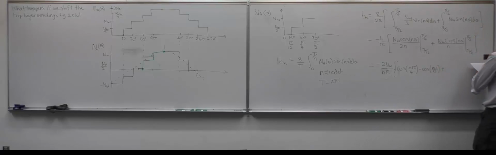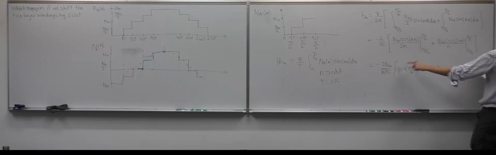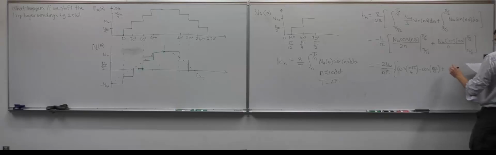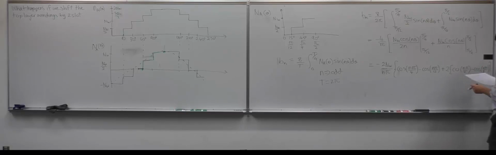the second term, and now I'm going to put a 2 on the top, in order to keep the 4 that we need. So then we have 4 times cosine n pi over 2 minus cosine n pi over 4, like that.